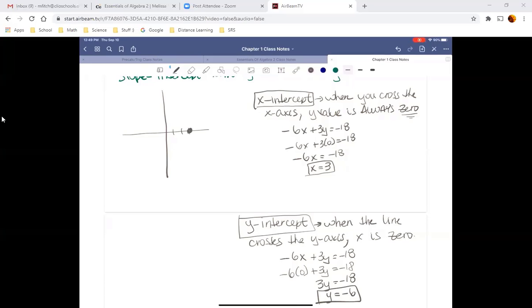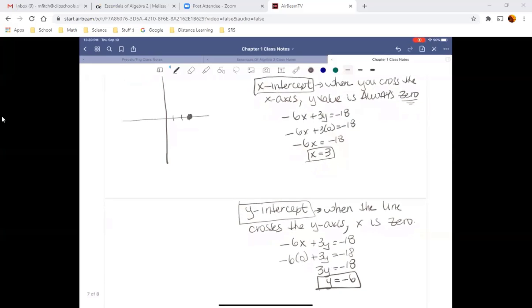So could I put that someplace on my graph? Where's it going to go? Down 6: 1, 2, 3, 4, 5, 6. So that's my other point. How many points do you have to have in order to make a line? 2. Do we have 2 points? Yep. So guess what I can do? I can make a perfectly straight line.